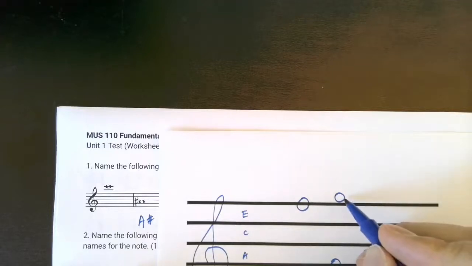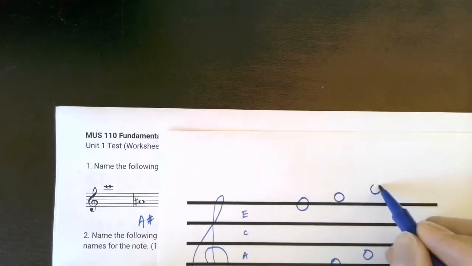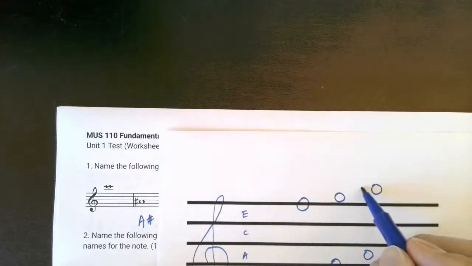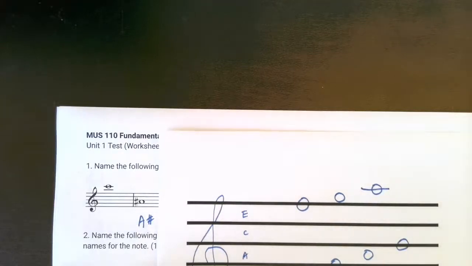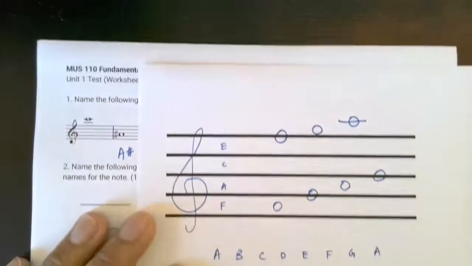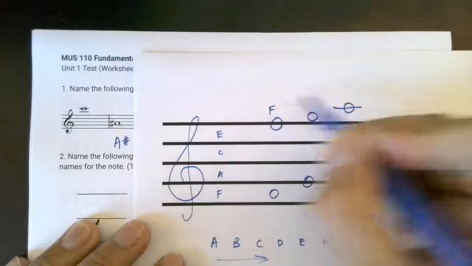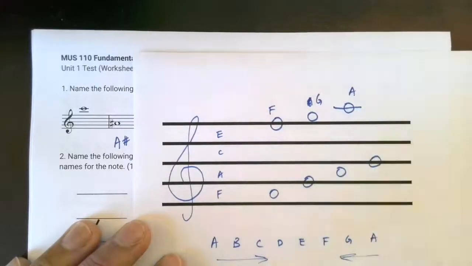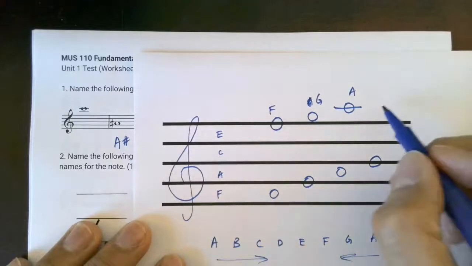So from here, G, and if I go any higher, I'll need to add a line because the next note needs to be on a line. So we have a temporary line that's just associated with this note. So if this is an F, this is a G, and then this is an A. And we keep going.